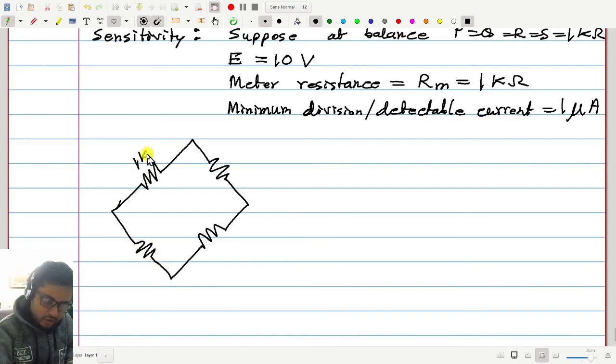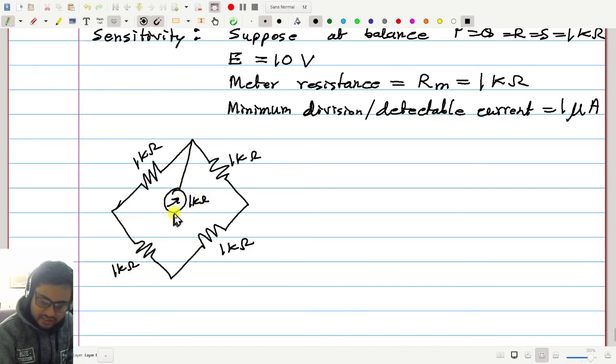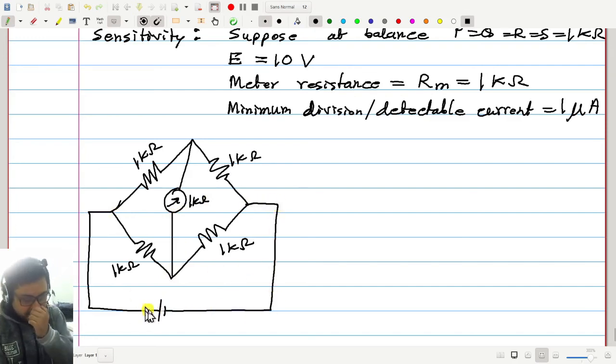This is 1 kilo ohm, 1 kilo ohm, 1 kilo ohm, 1 kilo ohm. Here a meter with 1 kilo ohm resistance, and battery with negligible resistance for simplicity.